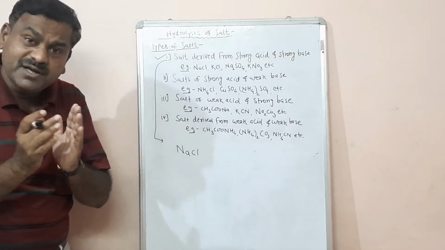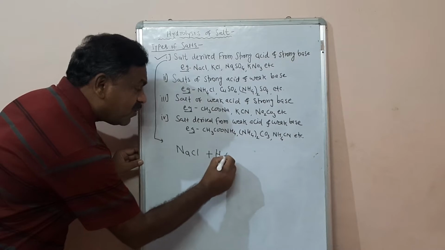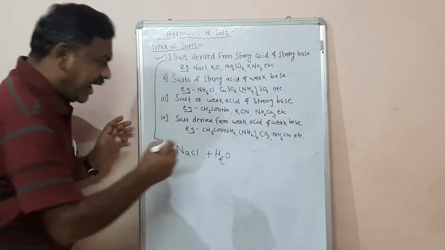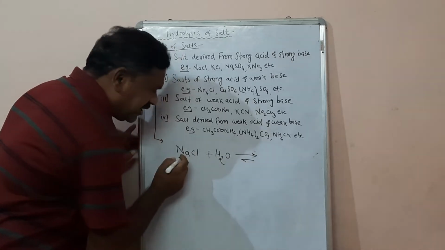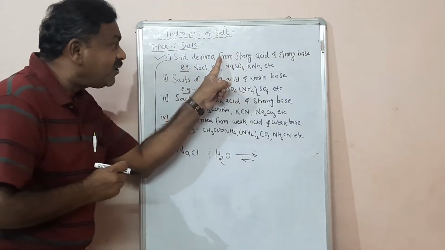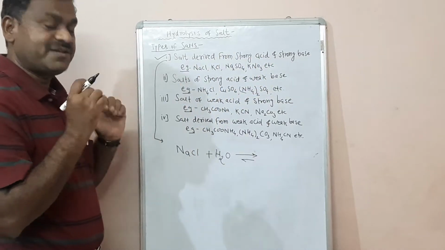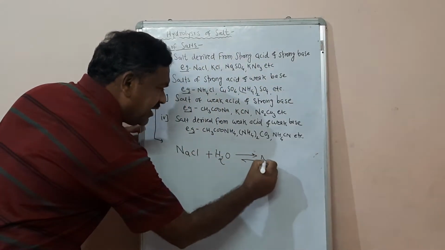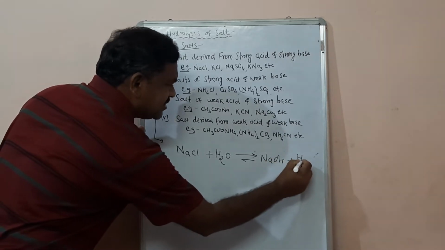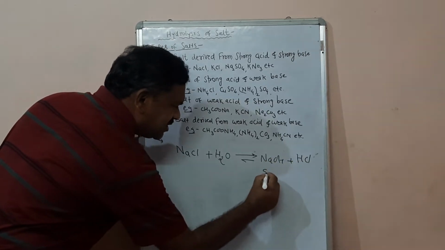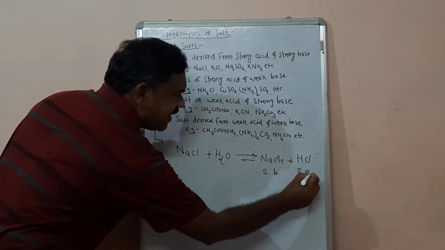Hydrolyze means it combines with H2O, and it gives the salt from the strong base and the strong acid, that is NaOH plus HCl. Now this is the strong base and the strong acid.